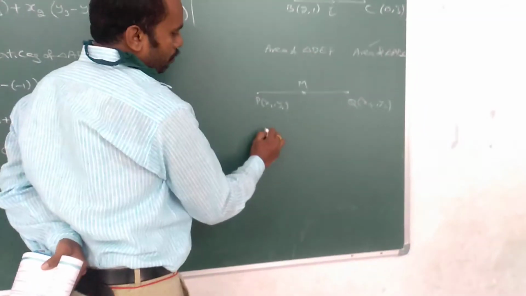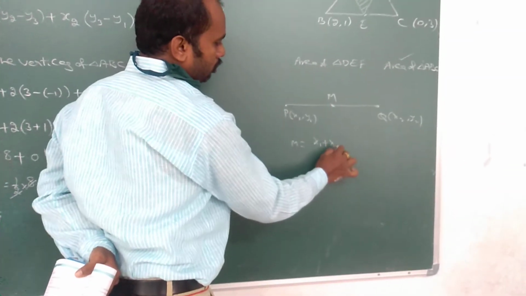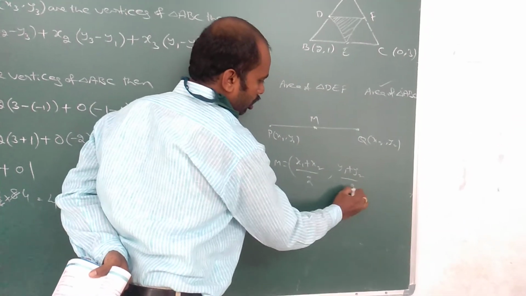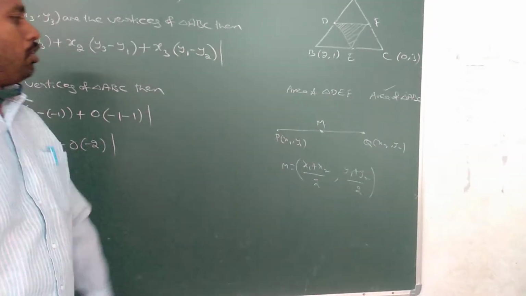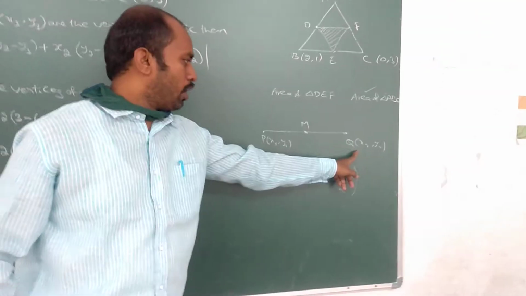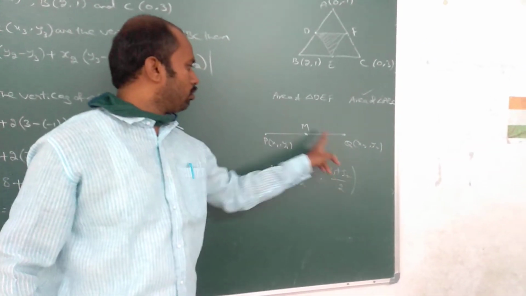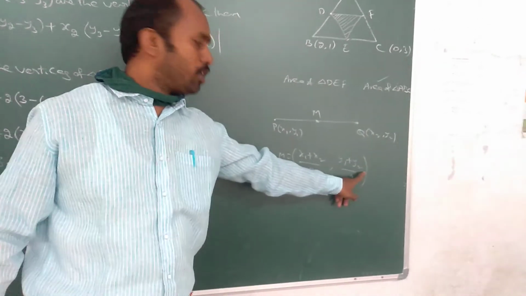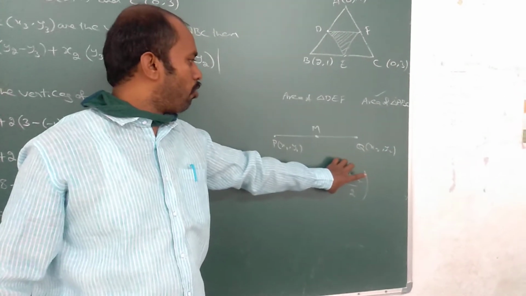What is that? M equal to x1 plus x2 by 2, y1 plus y2 by 2. So PQ, P x1 y1, Q x2 y2, the midpoint of PQ is M. How to get M: x1 plus x2 by 2, y1 plus y2 by 2. This is the formula for midpoint finding.